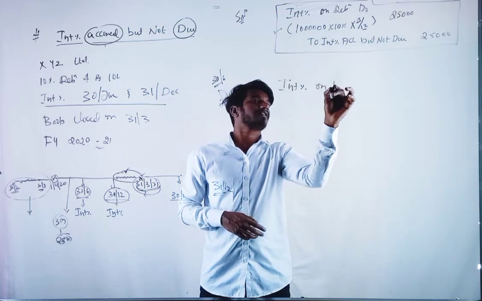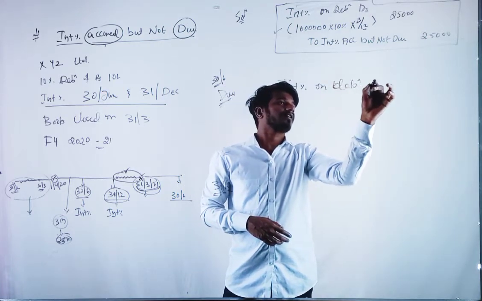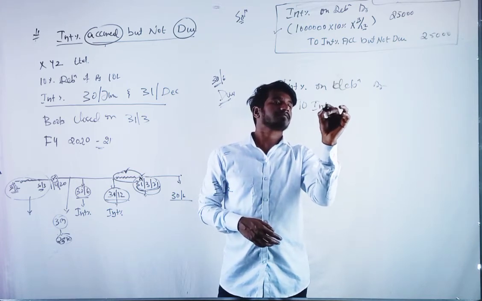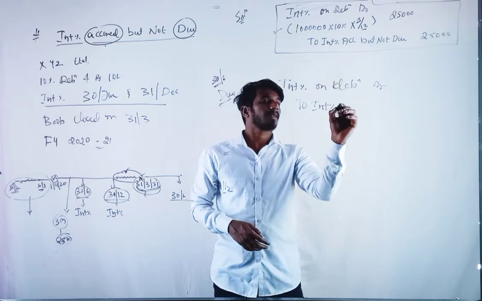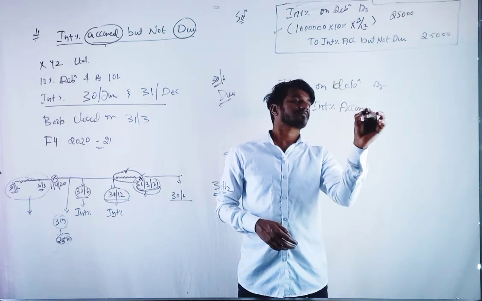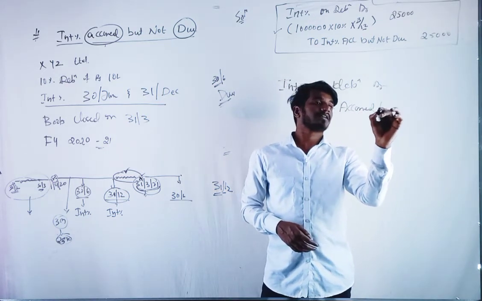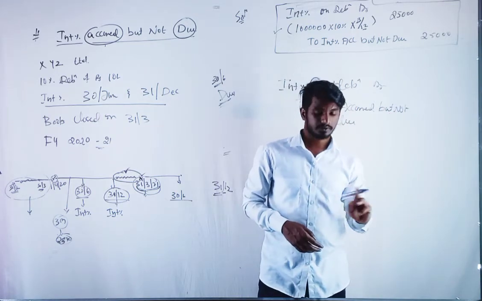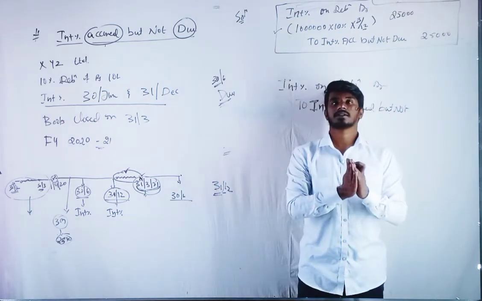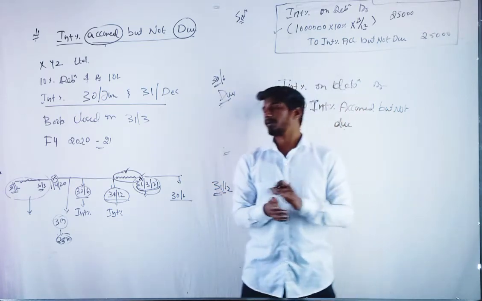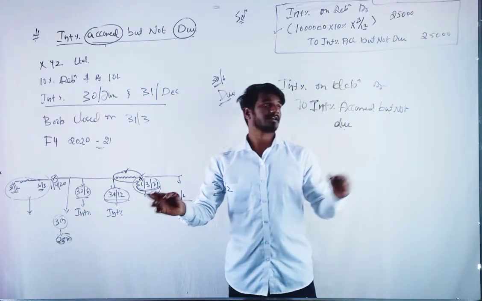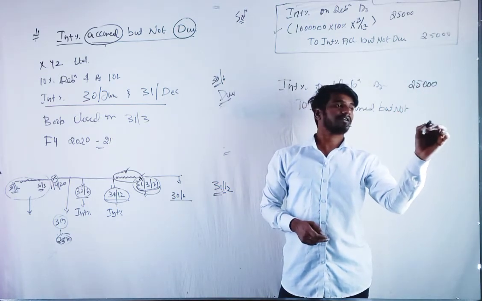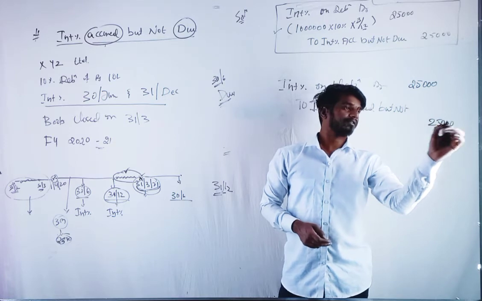Interest on debenture debit to interest accrued but not due. Is that visible now? I think I was writing simply. Okay, 3 months interest 25,000, right? 25,000 and 25,000.